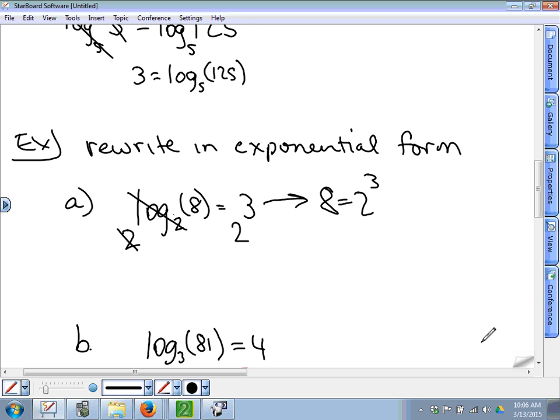Rewrite that in exponential form. And then once you have an answer, just make sure that your answer is true. Whatever base and exponent you have, make sure it equals what you're saying that it equals.